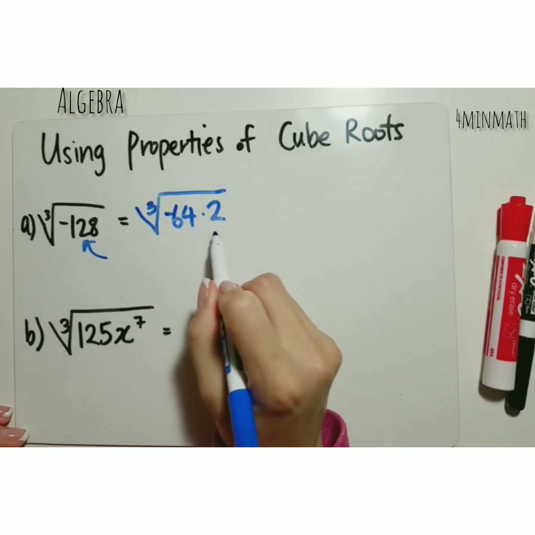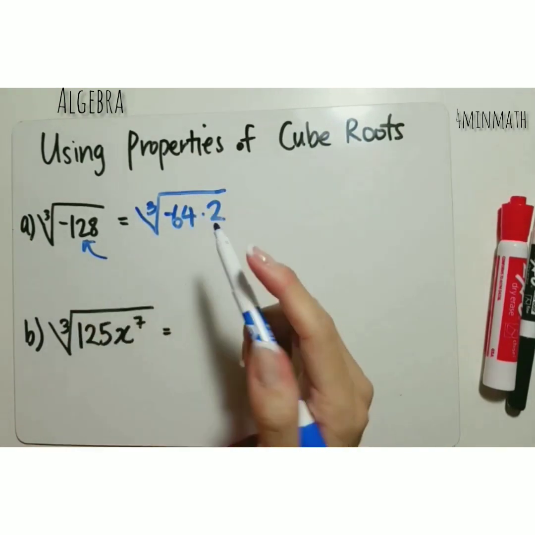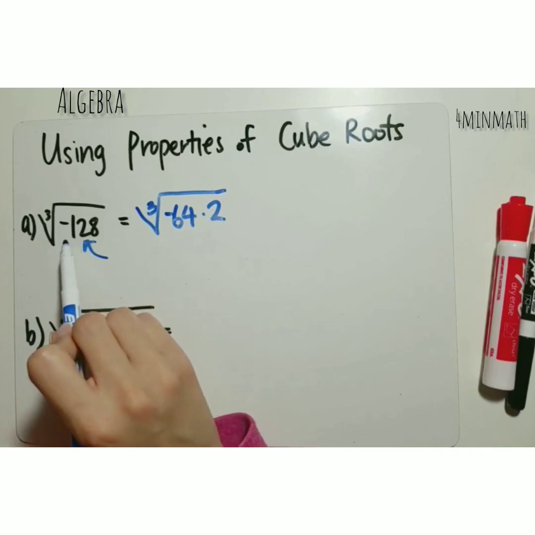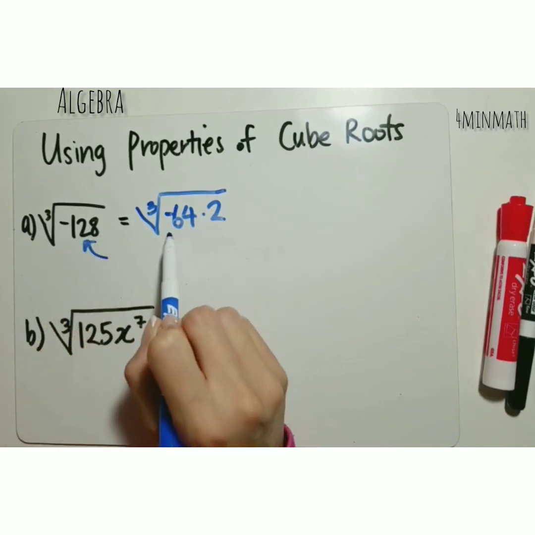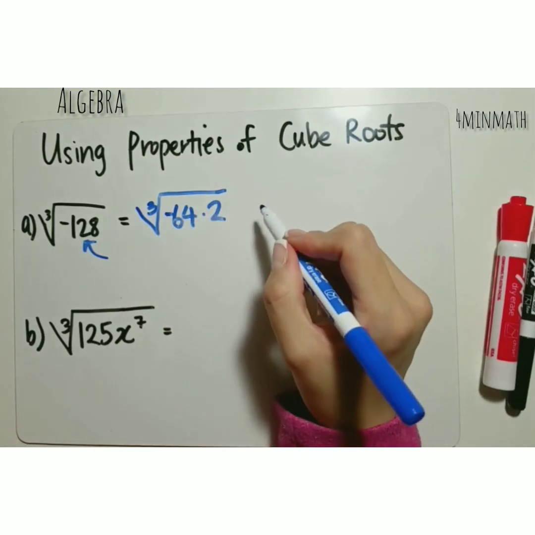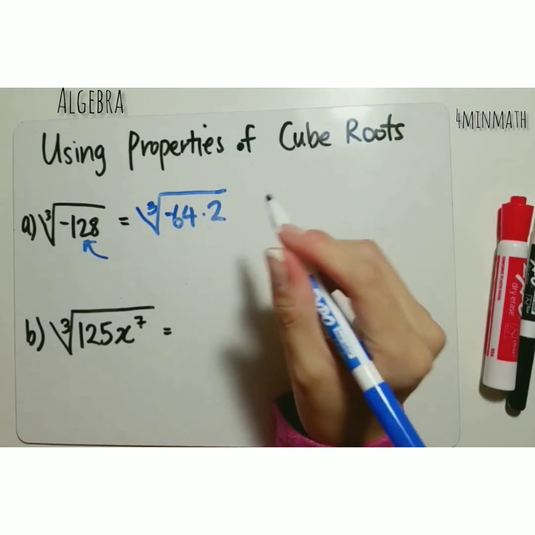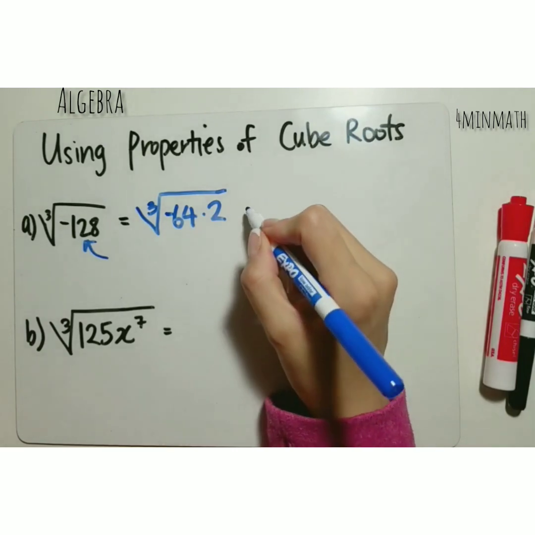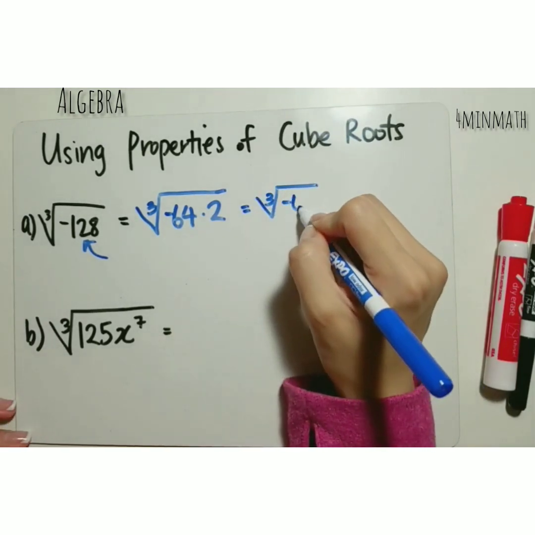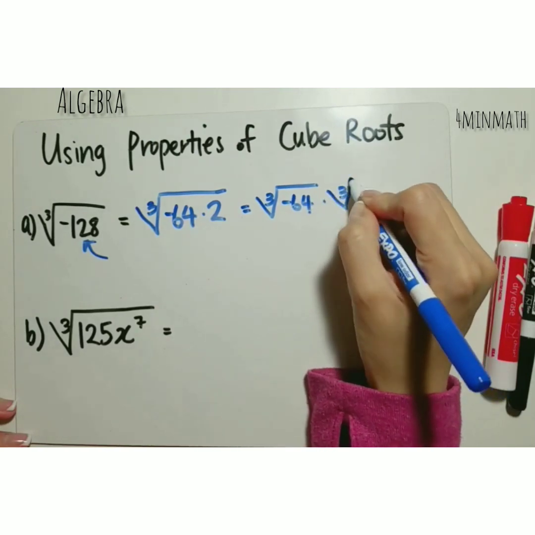And how did I find this? I'm just going to keep on playing with numbers and multiply factors together to find the factors of negative 128. And this seems to be the greatest perfect cube factor. So then by using the product property of cube roots, I'm going to split these two into cube root of negative 64 times cube root of 2.